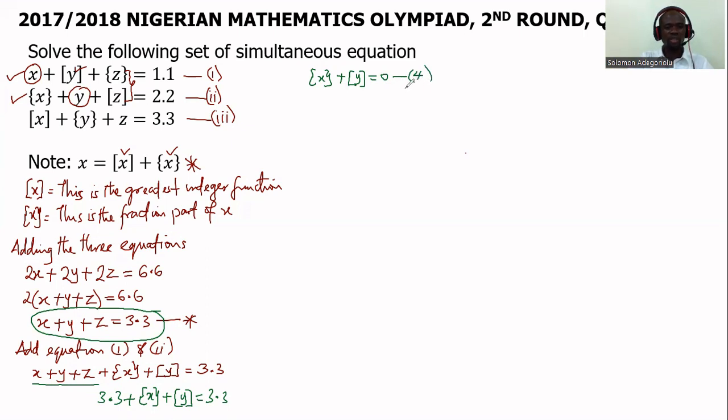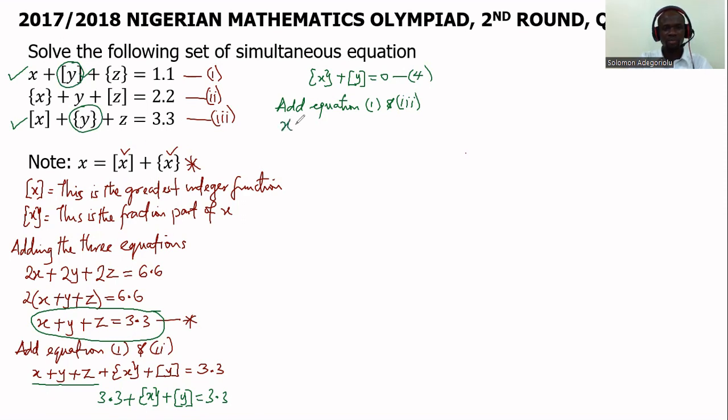We have done the addition of 1 and 2. Let's add equation 1 and 3 together. Let me clean this. For equation 1 and 3, this is equation 1 and this is equation 3. So we have x, plus y, then we have plus z here.